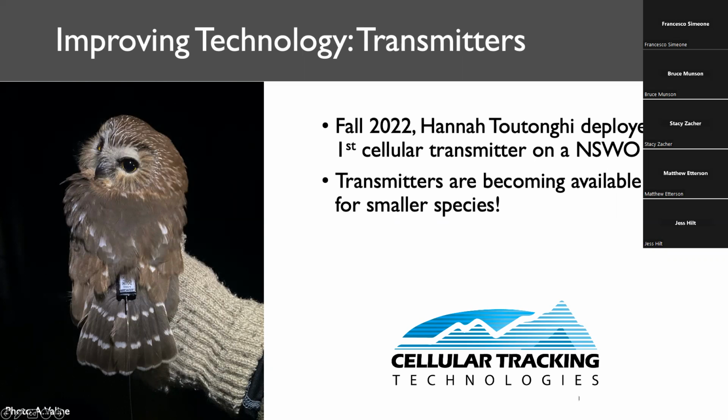We have our friends at Cellular Tracking Technologies to thank for this. There was also a transmitter put out this fall, not at Hawk Ridge, but on a sharp-shinned hawk. So the possibilities for getting really high resolution data and combining that with isotopes is definitely there.